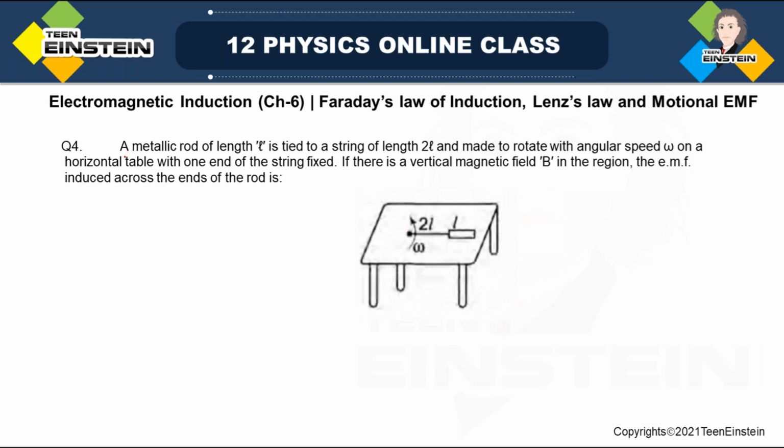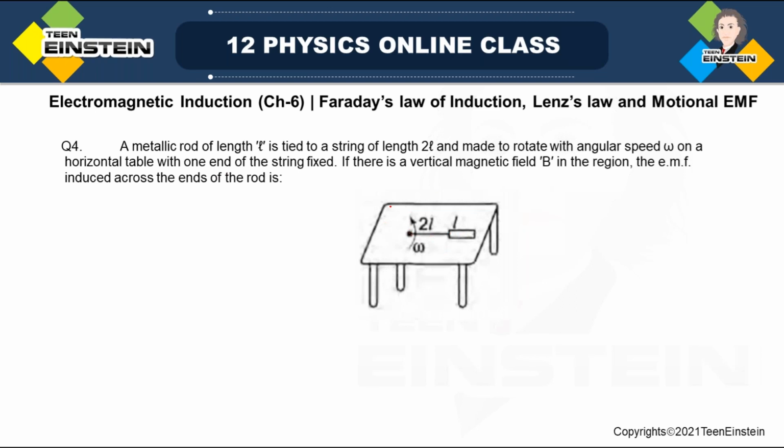Let me start from the beginning again. A metallic rod of length small l is tied to a string of length 2L, and it is made to rotate with angular speed omega on a horizontal table, as you see in the figure. One end of the string is fixed, and that's how this is rotated.